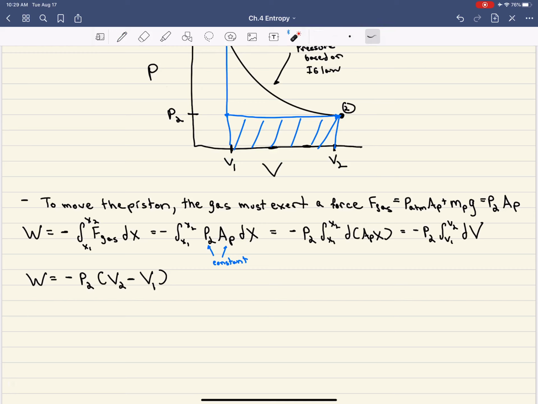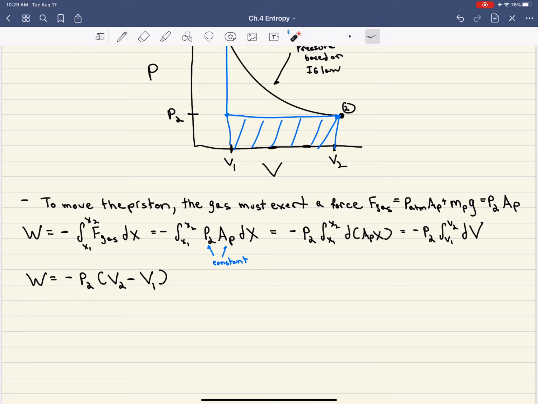The other thing I want to talk about is, the process that we studied occurred in the case where we were going from volume 1 to volume 2.